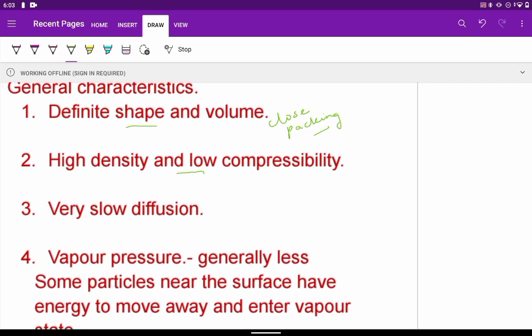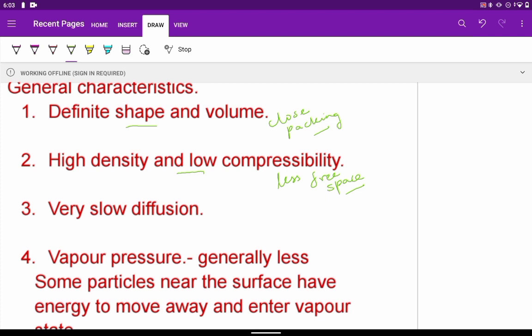The space between the molecules is very less. So they are having high density and therefore they cannot be compressed. There is very less free space between molecules. This leads to their high density and low compressibility.